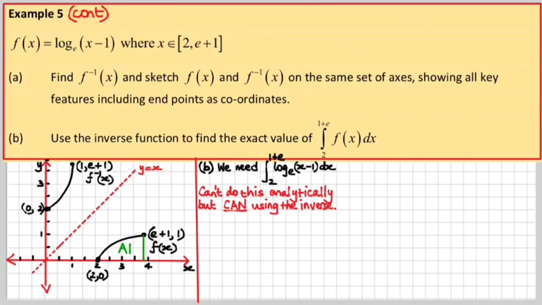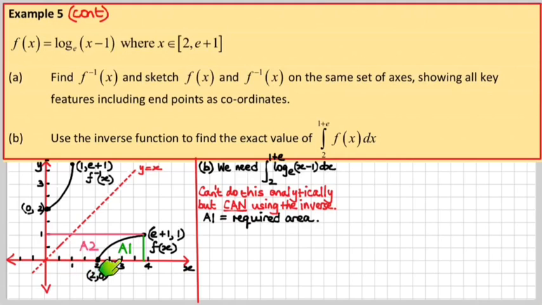Now, have a look over there. I've got to find A1, which at the moment I'm a bit lost as to know how to do it. But have a look at this. There's A2, okay? Call that A2. This little bit enclosed by the curve, this line, and this line.